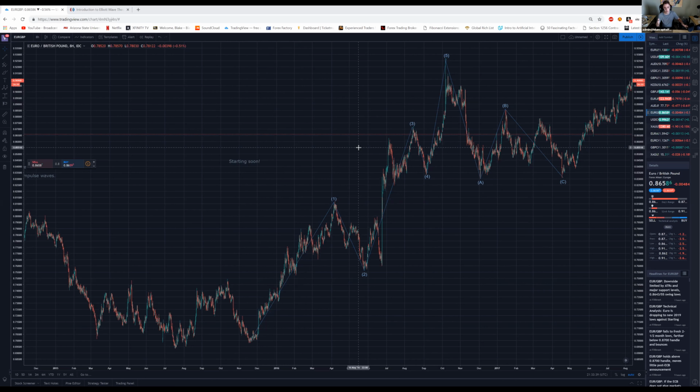So anything above that does work. And then wave 3 can never be the shortest of the 3 impulse waves. And I didn't check that on this one, actually, but I think that works out. Let's make sure. So this is, oh wait, is this?